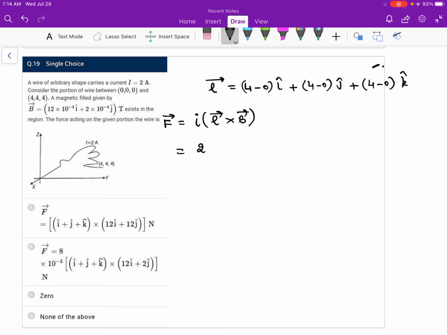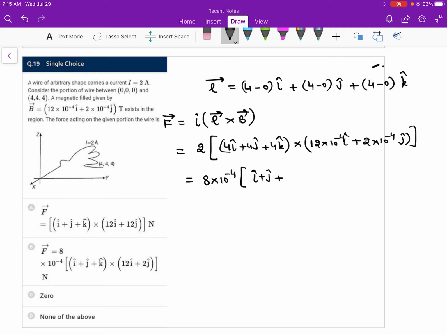So I is 2, L vector is 4i plus 4j plus 4k, and cross B vector, which is 12 into 10 to the power minus 4 i plus 2 into 10 to the power minus 4 j. So this is I L cross B. Now take 10 to the power minus 4 out, take 2 out, take 4 out, so 8 into 10 to the power minus 4 (i plus j plus k) cross (12i plus 2j). So B is the correct option.